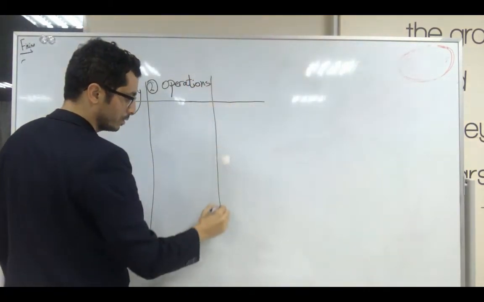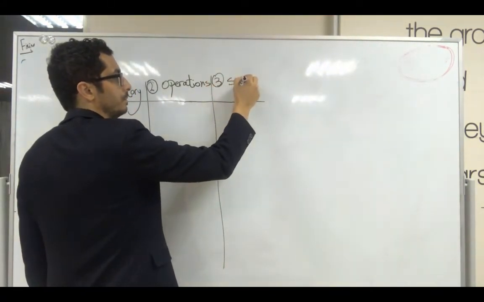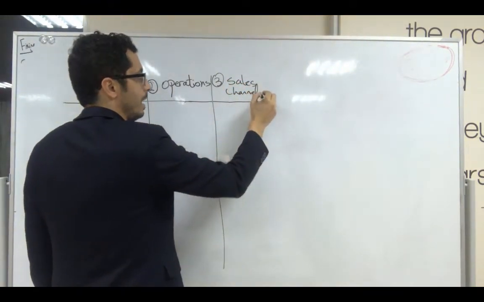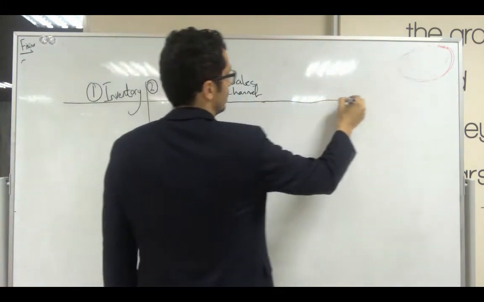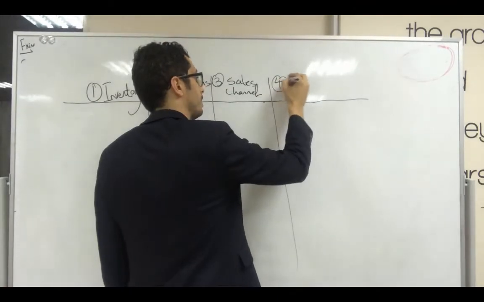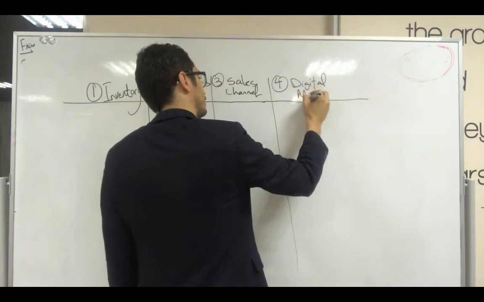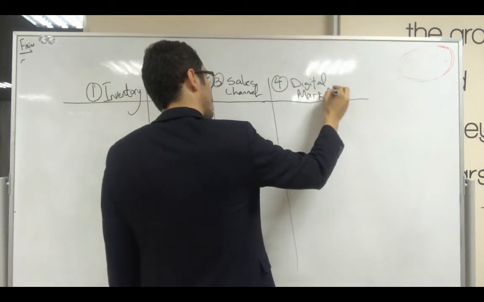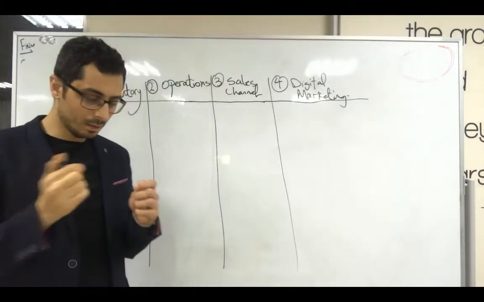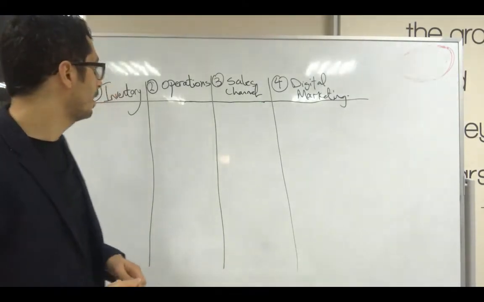The third component which you need to consider is the sales channel. And the final component is marketing and digital marketing. Now, let's speak briefly about each one of them and see what we actually mean by them.